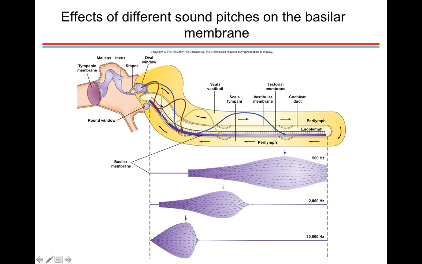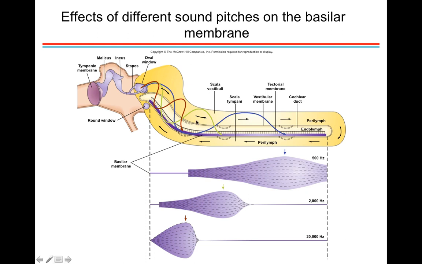That'll be pushing down on those hair cells that are shown in the bottom here. And then they will send action potentials to the central nervous system. And based on the location of those hair cells that are sending the action potential, the pitch of the sound will be detected and processed by the brain.